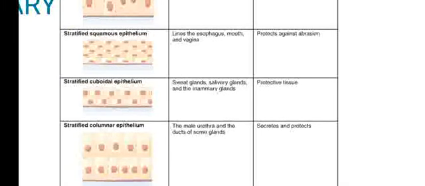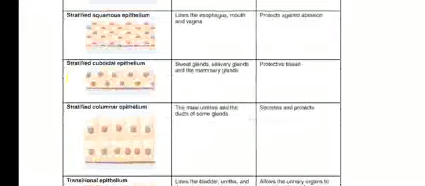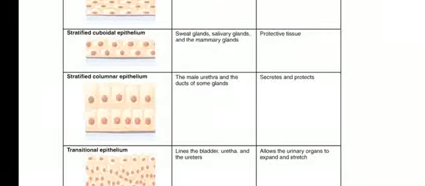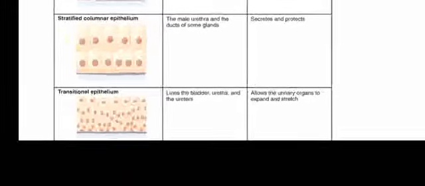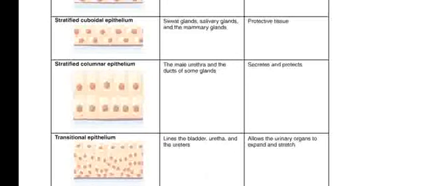Then stratified cuboidal, found in glands: sweat glands, salivary glands, mammary glands. Then stratified columnar epithelium, the male urethra and the like. Then transitional: urinary bladder, ureter, and urethra. Those are the areas where you can find them in summary.